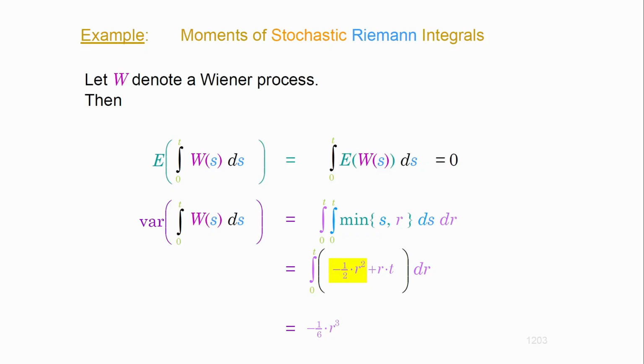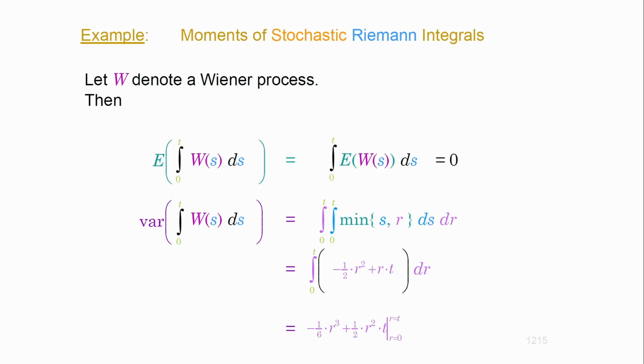Next, we look at the primitive function of r times t with respect to r, because we are integrating with respect to r, and that is a linear function, so its primitive function is the parabola 1/2 times r squared times t, and then you integrate from 0 to t.